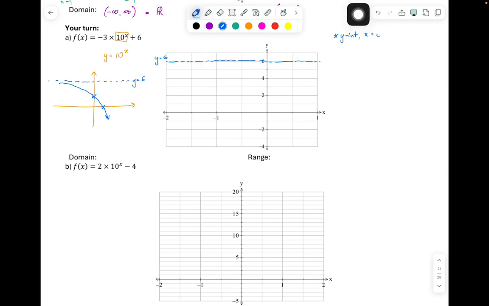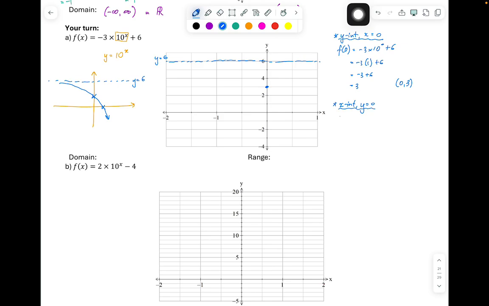Our y-intercept is when x equals 0, which is the same as f of 0 because we're using function notation. 10 to the power 0 is 1. -3 plus 6 is equal to 3. So our first piece of information here is (0, 3). There it is.